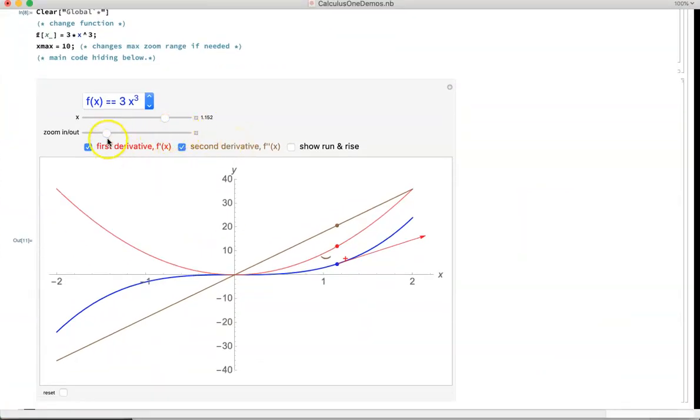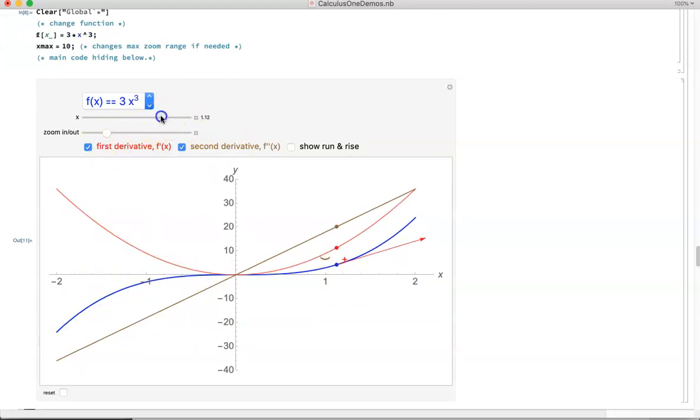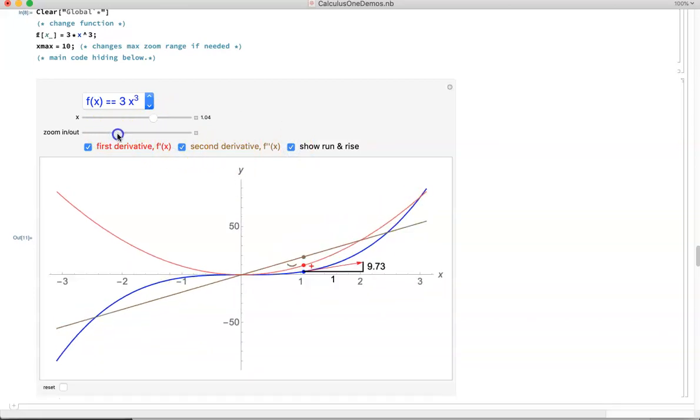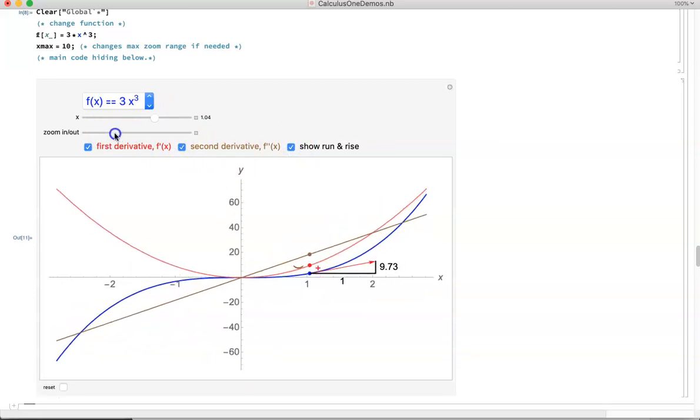So that's what we're seeing here in this picture. We're seeing the function. Blue is the cube function. And then we're seeing the rise and the run. Let's zoom out a little bit. So at this particular value around 1, we're seeing that the slope of the tangent line is 9. So that's why the red dot right there, the derivative function, is 9 at the value of 1.